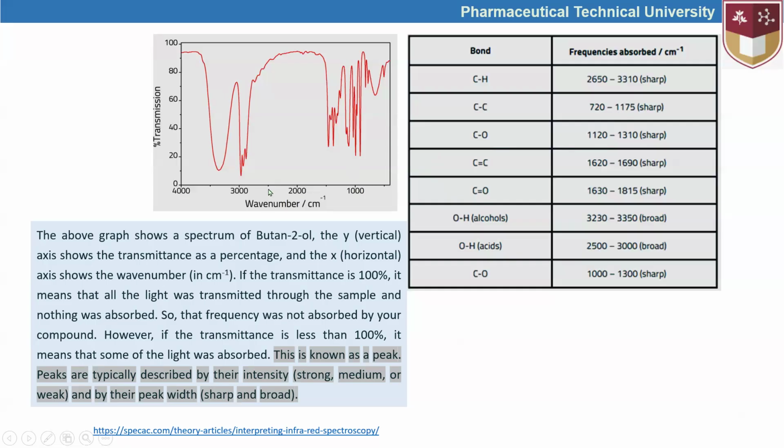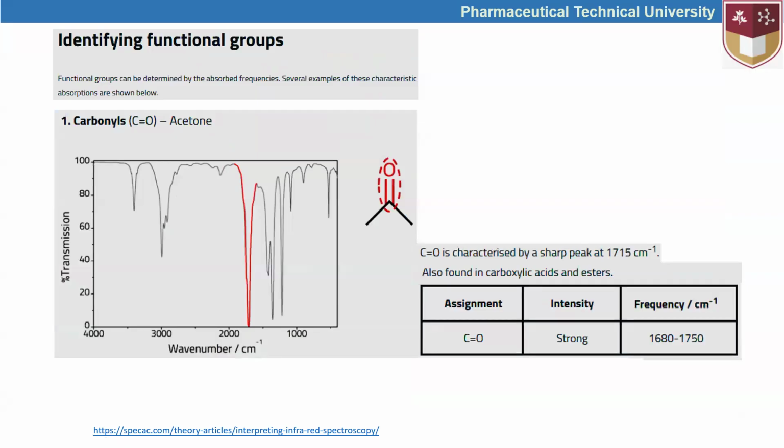Carbon-carbon double bonds somewhere here, 1600 to 1690, and carbonyl bond 1630 to 1850. Another point we have to keep in mind is some absorbance might have sharp forms like this, or broad forms as is indicated here. These are other points we have to take into account while we are analyzing the IR spectrum.